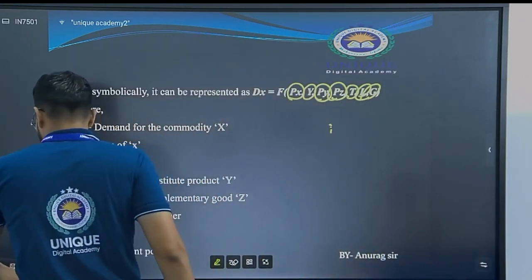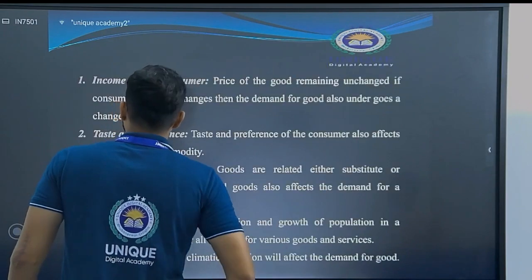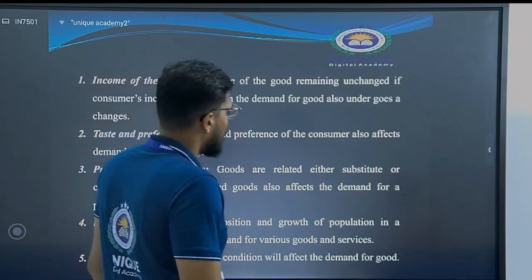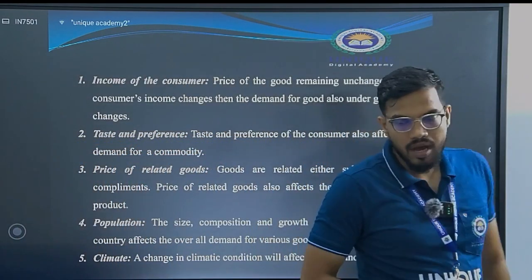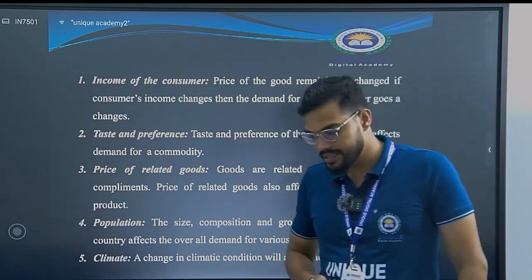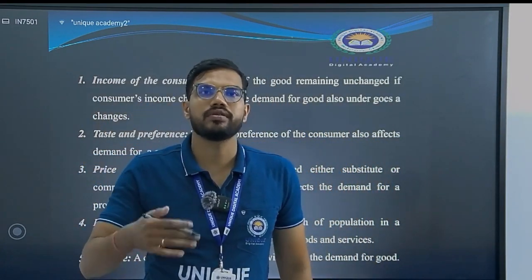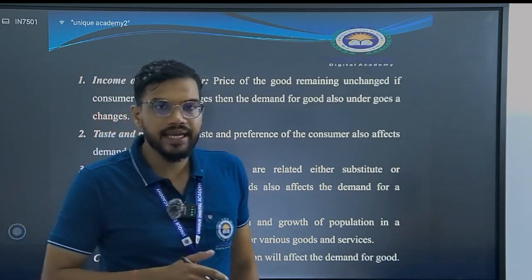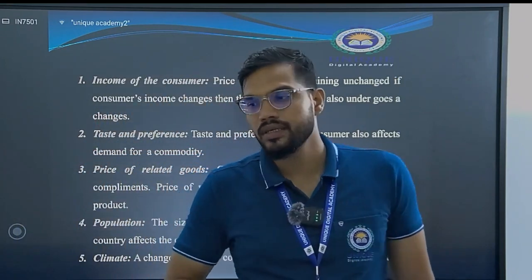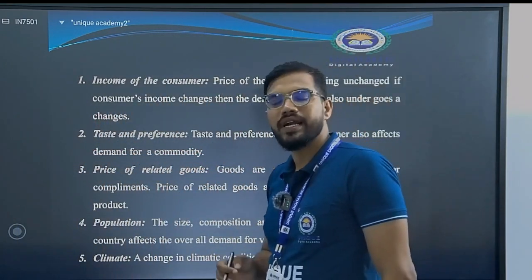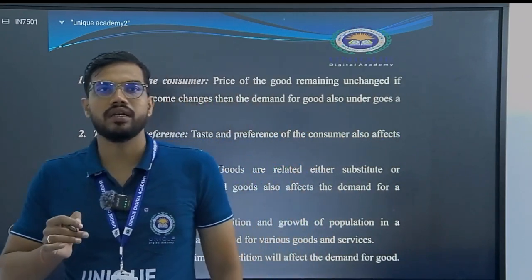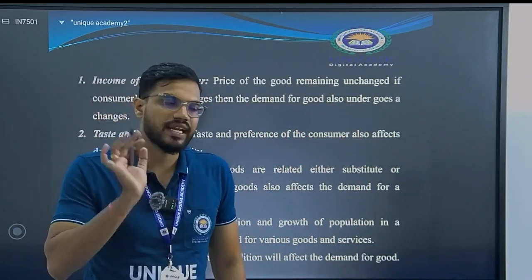So, the first one is income of the consumer. When the income of an individual increases, his or her consumption expenditure also increases, and when the income of an individual declines, his or her consumption expenditure also declines.